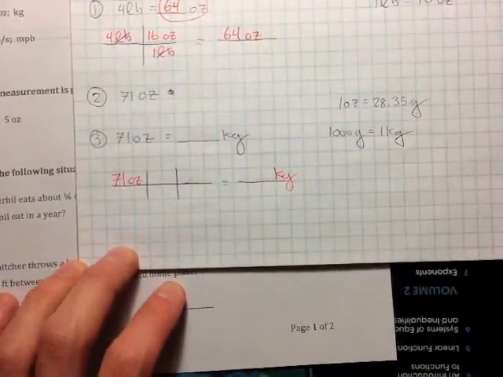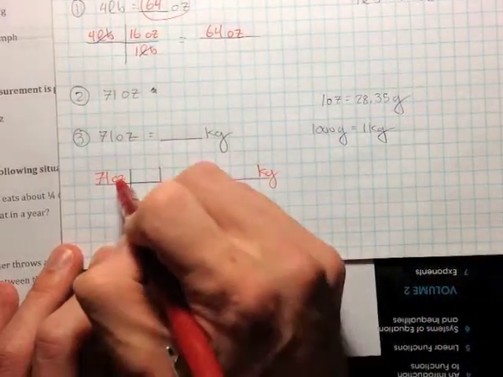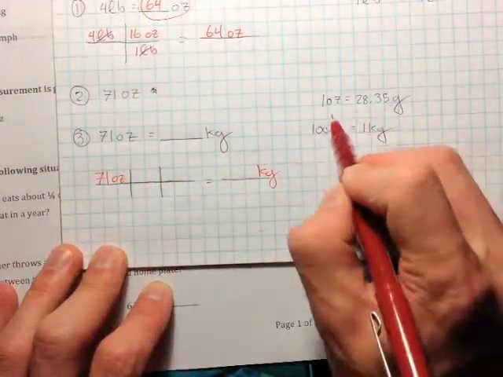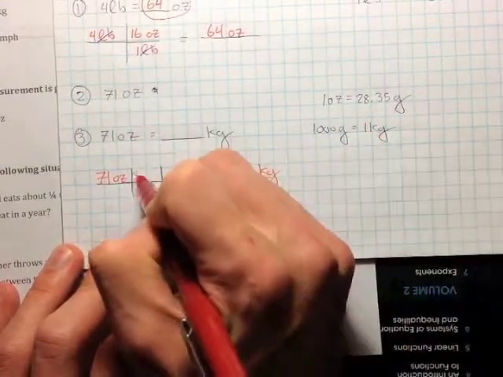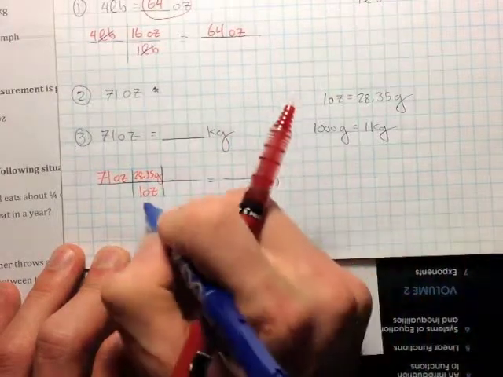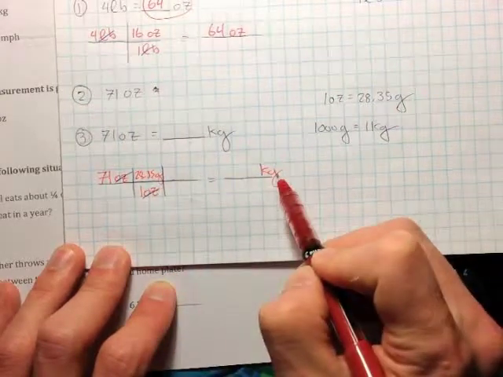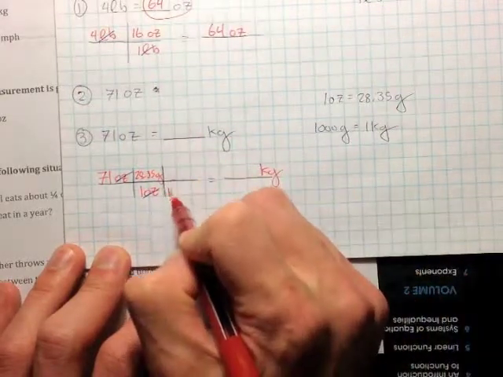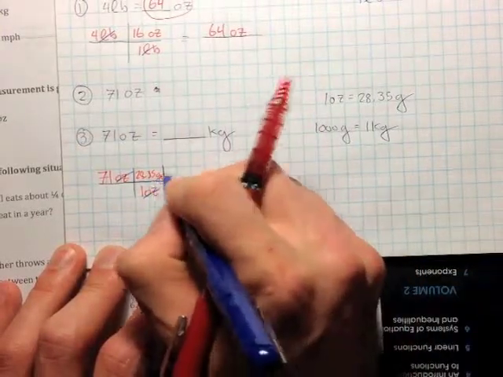So, what do we need to have on bottom? Well, I need to have ounces on bottom in order to cancel it out. So I'm going to need to have 1 ounce on bottom, and then 28.35 grams on top. Ounces cancel out. I have grams on top. I want kilograms on top, so I'm going to need to have 1,000 grams on the bottom of this fraction so that grams cancel out.